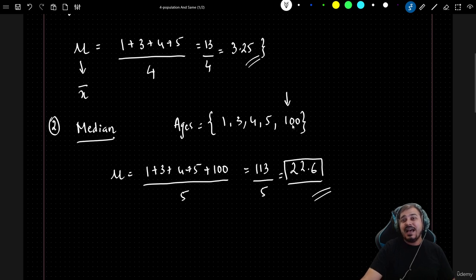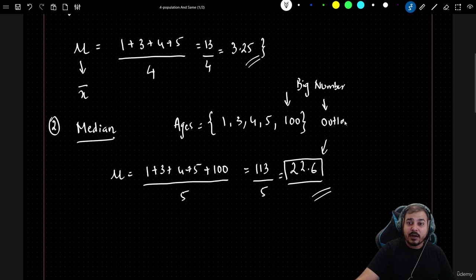But as soon as this big number was added, I'm now getting a mean of 22.6. This is obviously misleading, because initially I was getting a small mean and now I'm getting a very big mean. So the mean value is changing by a lot because I have an outlier.